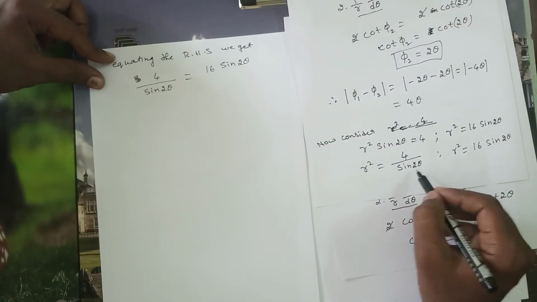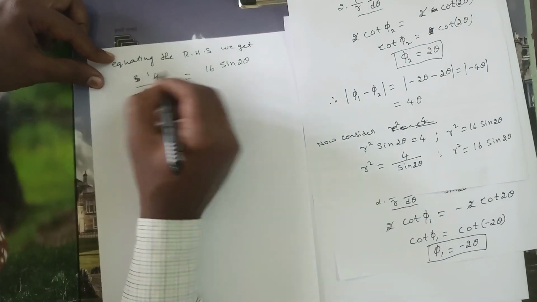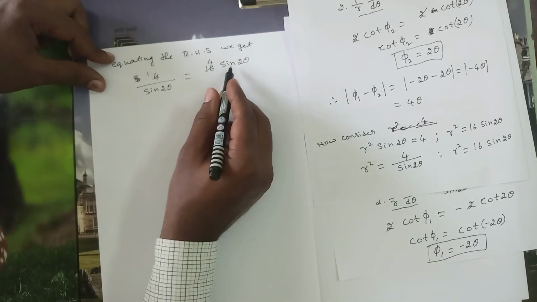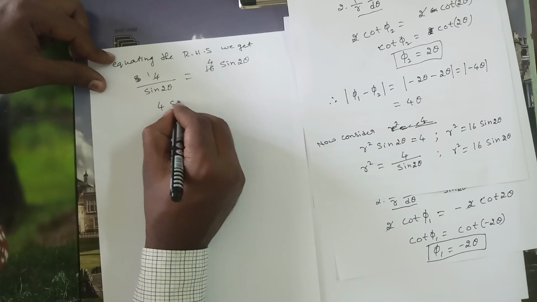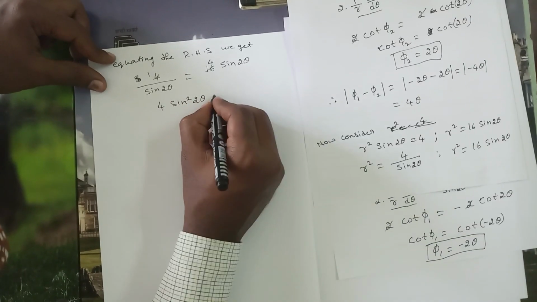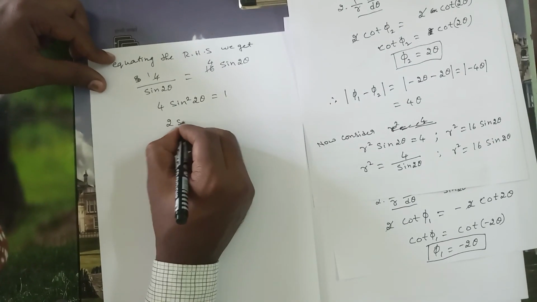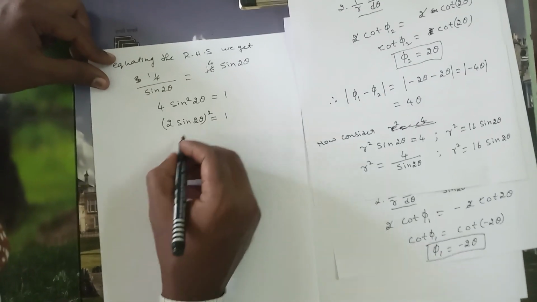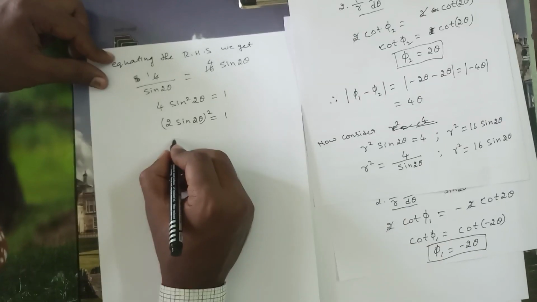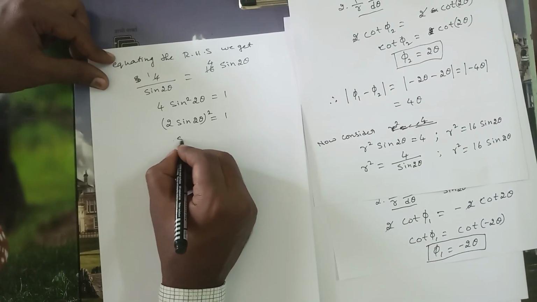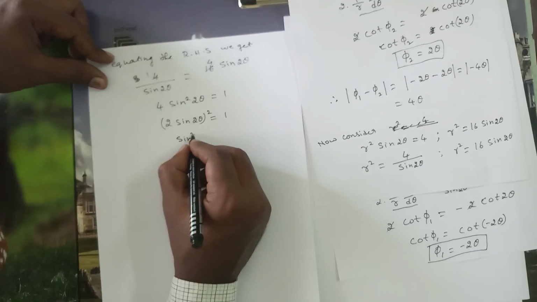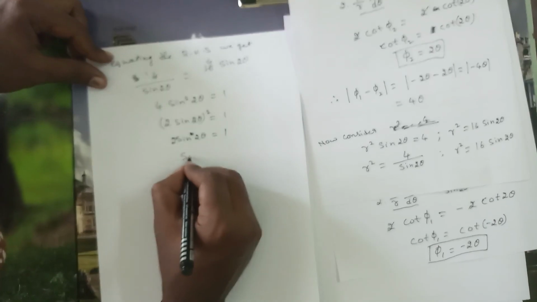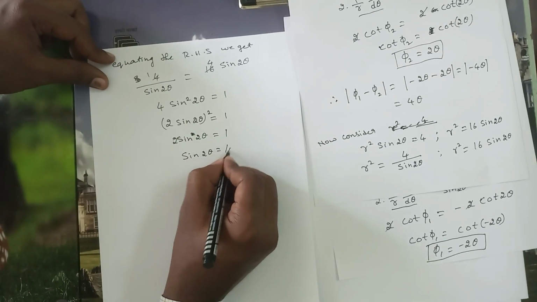I am equating the RHS. So 4 ones are 4, 4 fours I will get. Transfer this to the left hand side: 4 into sin square 2 theta equals 1. So 2 sin 2 theta whole square equals 1. So sin 2 theta is equal to 1 by 2.